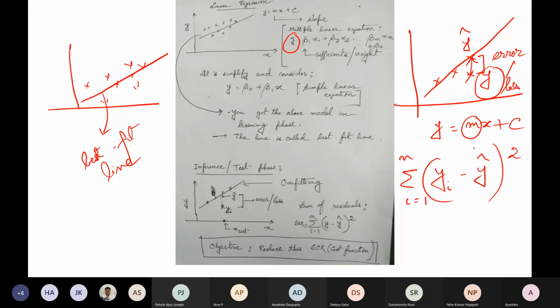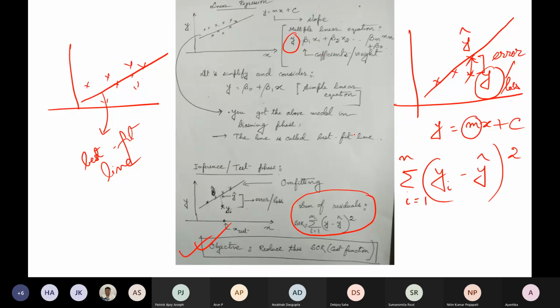Why we are considering this form, there is some other advantage, but I'm not going to discuss it, as that will take time. So what will be our objective? Reduce this cost function, reduce this sum of residuals. This is our objective.